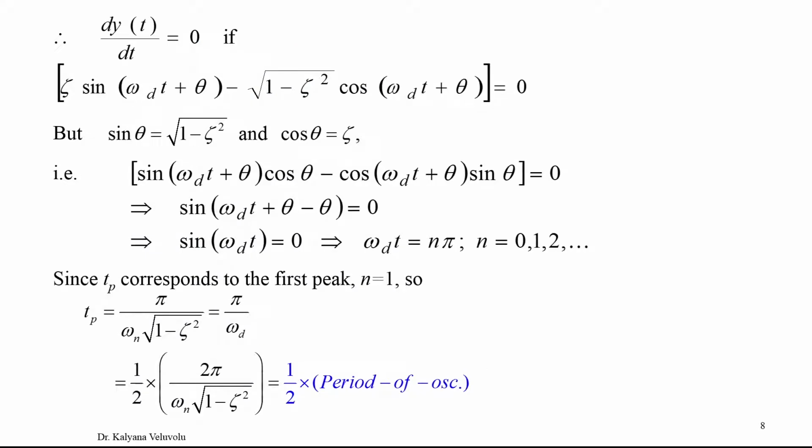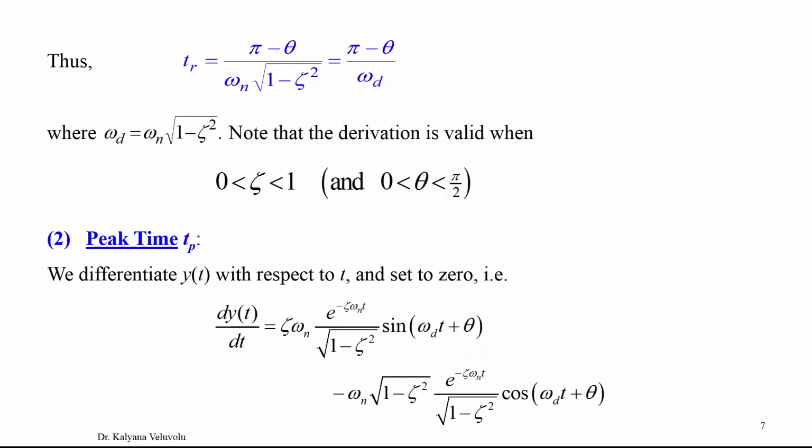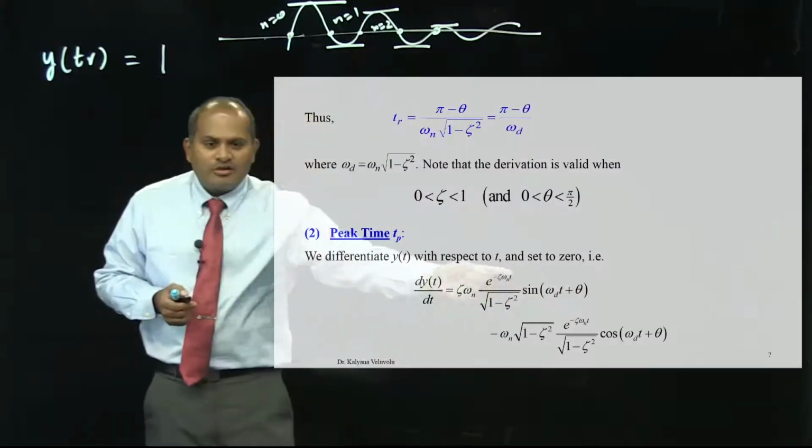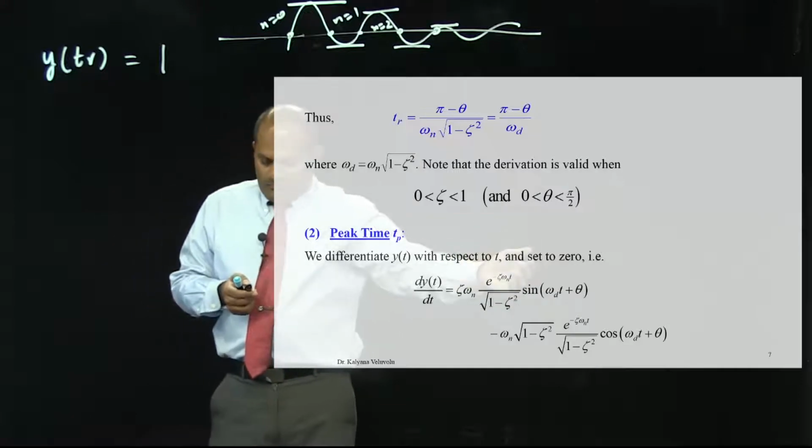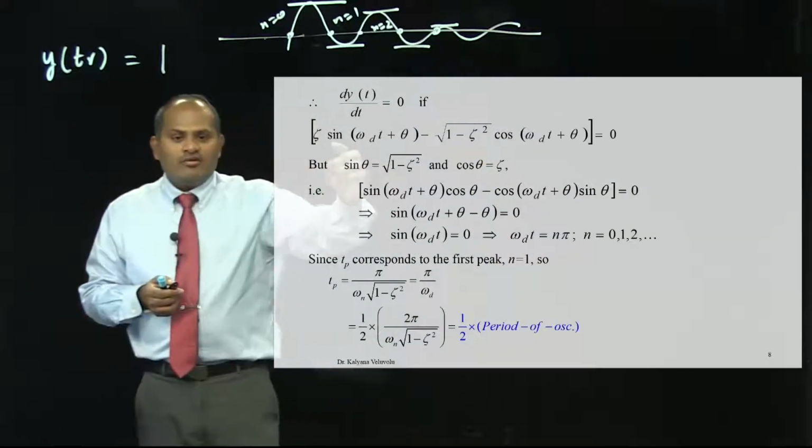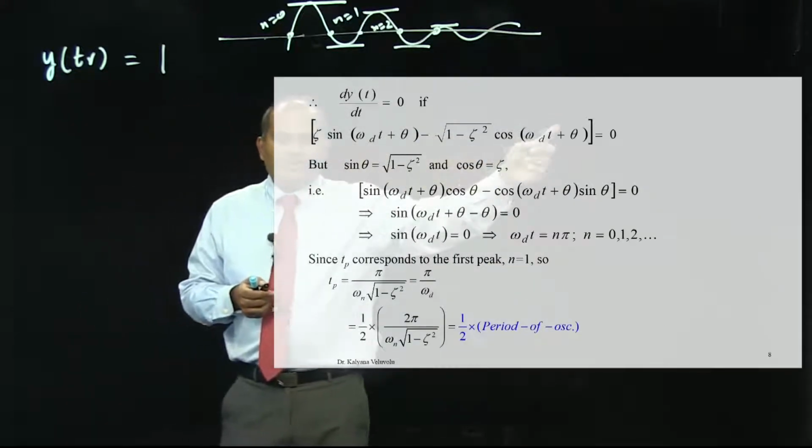When you equate to 0, we can simplify: the exponential terms cannot be equal to 0. Since the exponential terms cannot be equal to 0, we have eta omega n sin omega d t minus omega d cos omega d t equal to 0.